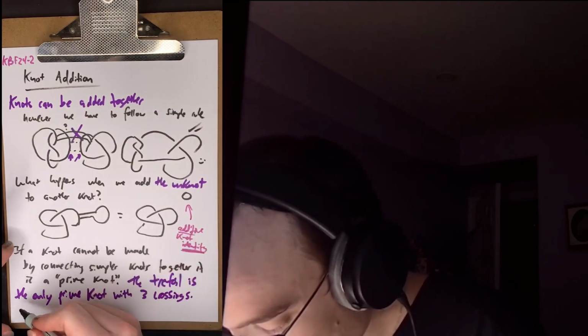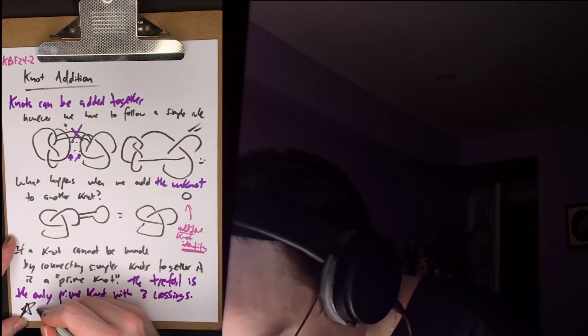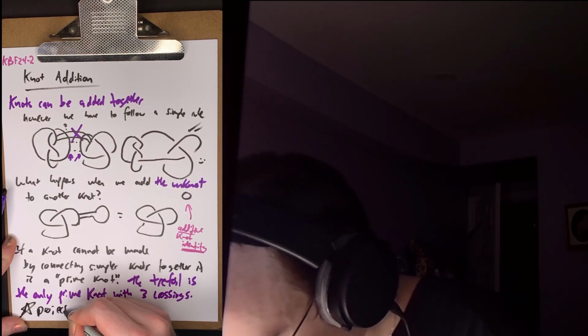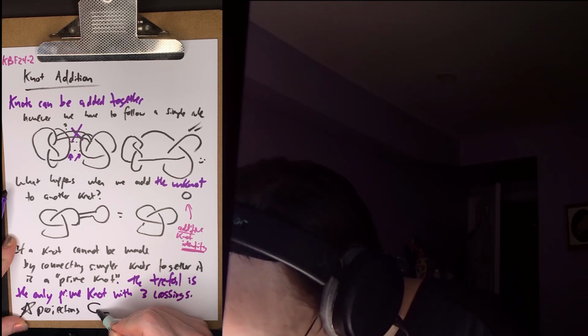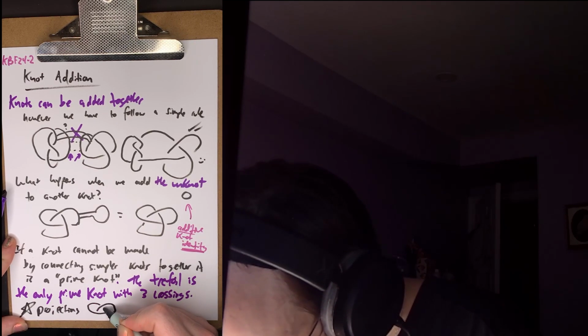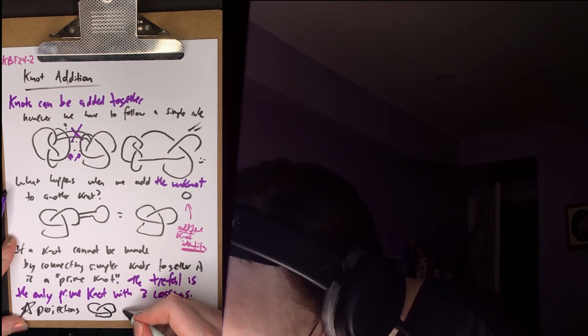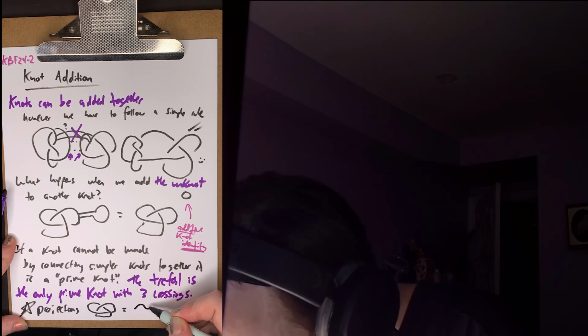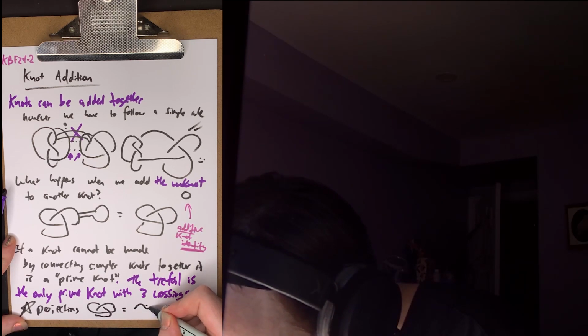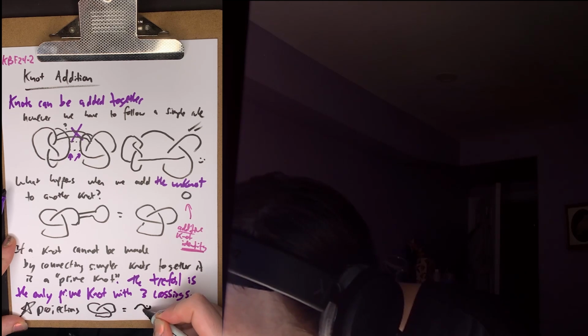However, there's a big asterisk here, and that asterisk is projections. So remember that for projections, we view the trefoil as the equivalent to any sort of knot copy of it that, say, has... here, I'll just make one extra twist.